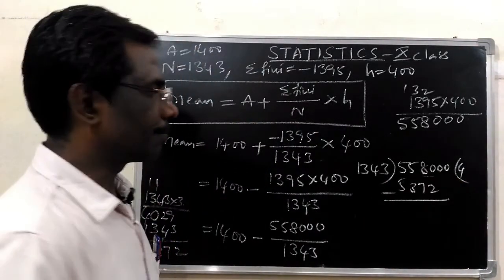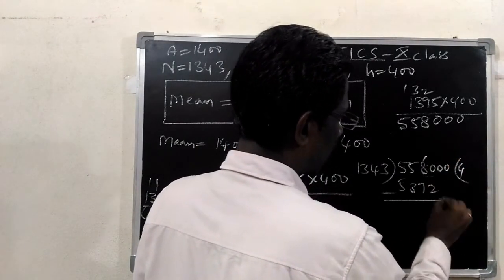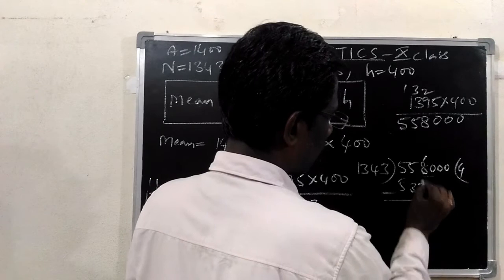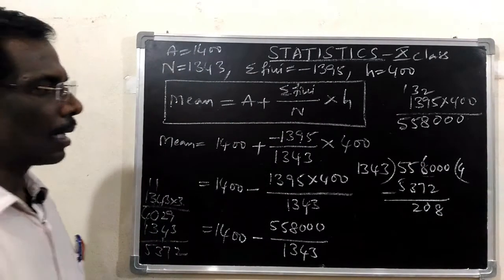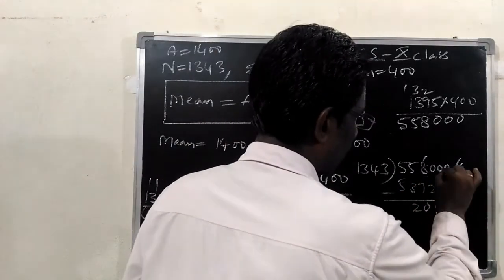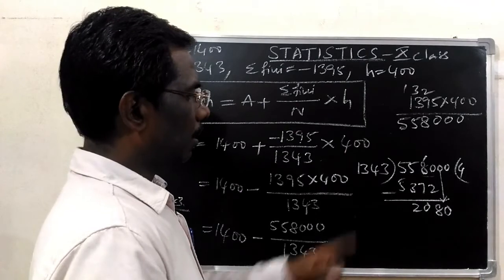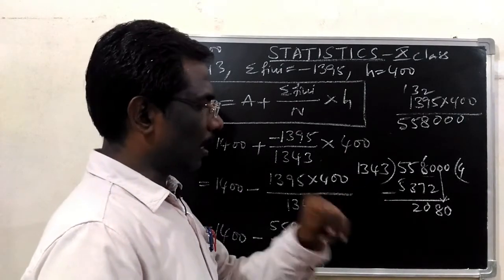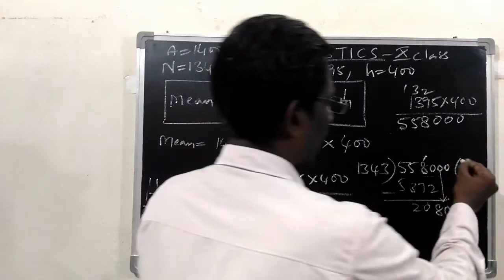And we have to subtract that. So 10 minus 2 is 8, 7 minus 7 is 0, 5 minus 3 is 2. So it is 208. After this, we can copy this 0, so it is 2080. 1343 goes into 2080 how many times? 1 time.